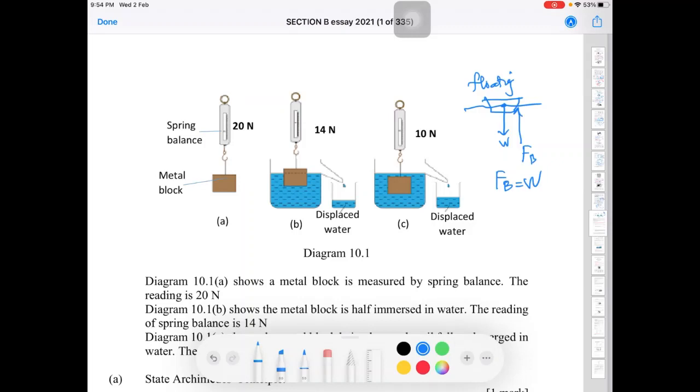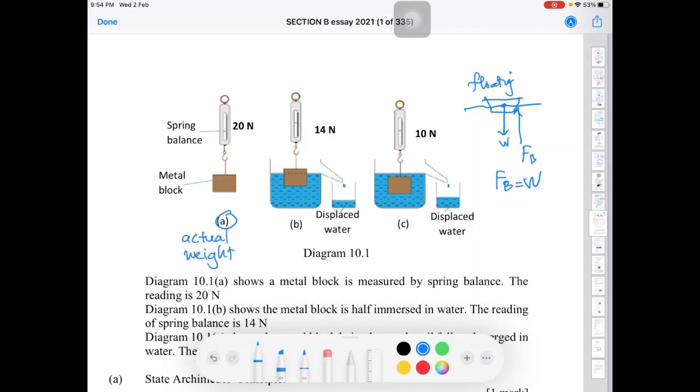Okay. Tapi apa beza dengan this case? This case dia bukan terapung sendiri tapi you are holding it with the Newton balance ataupun spring balance. So di sini bahagian A is actually weight, dia nak weight apa ni? 20 Newton tu is actually the actual weight of the object. Actual weight.